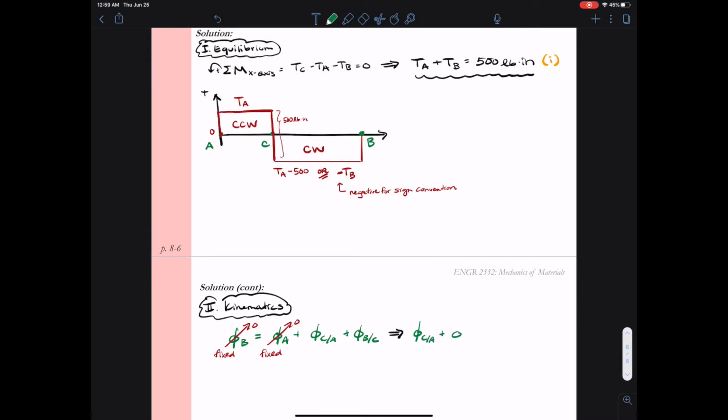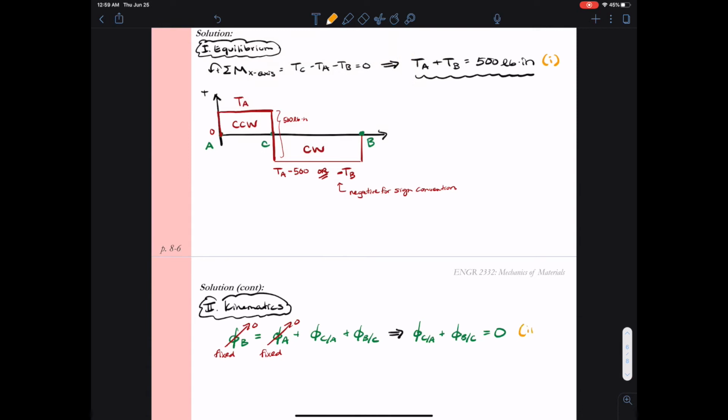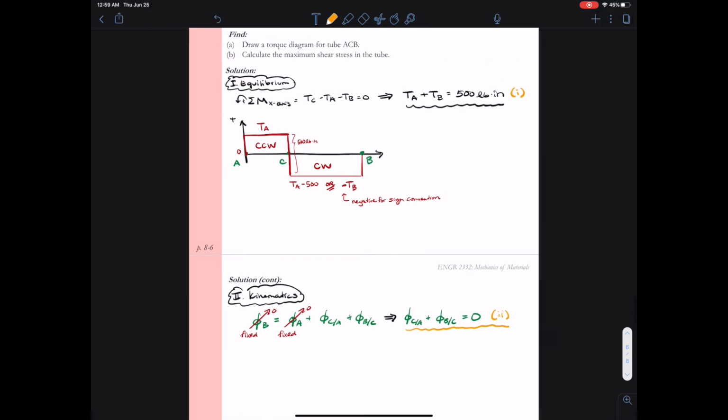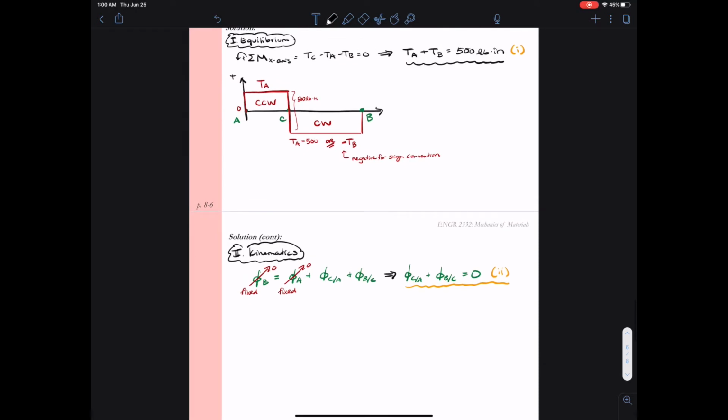Now, we have this written out algebraically here because one will have clockwise rotation and one will have counterclockwise rotation. So to make the signs work, we have phi C relative to A plus phi B relative to C equals 0. But again, they're equal in magnitude, they'll just be opposite in sign.